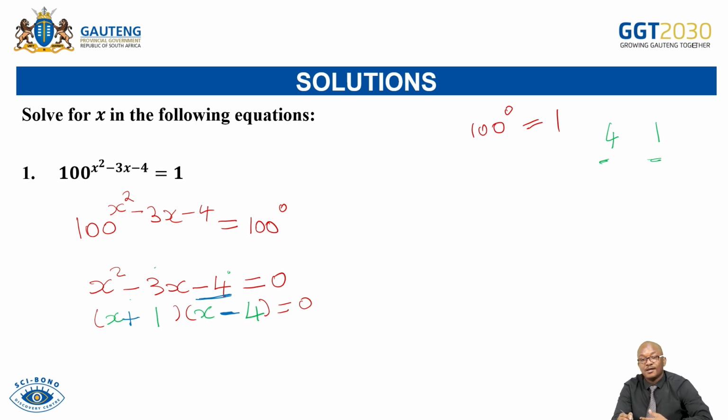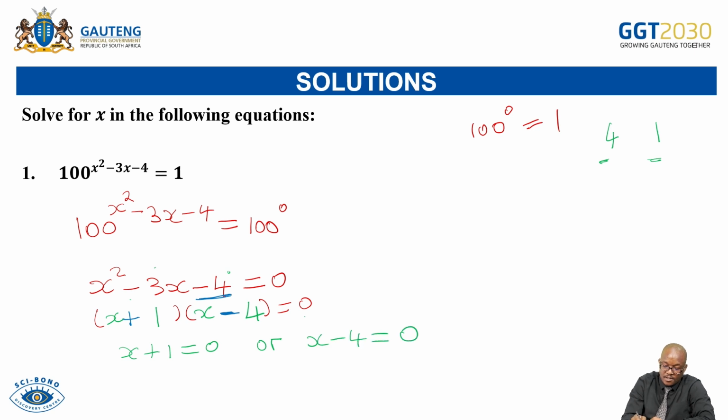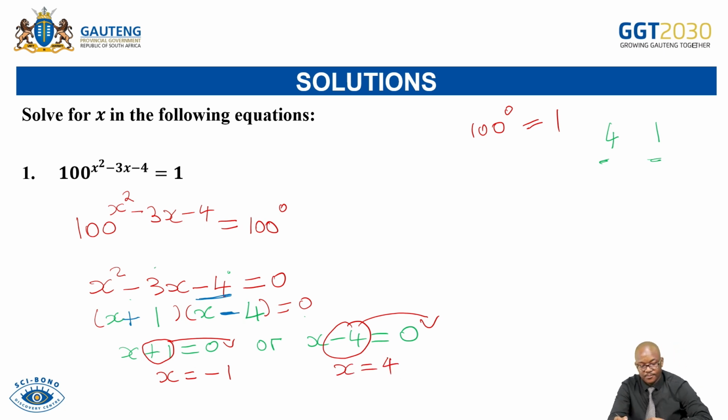It says, if you have the product of two brackets, you can simply equate each bracket to 0 because we have 0 on the right hand side. Then we simply solve for x. We make x the subject of the formula by transposing positive 1 and negative 4. So we're going to have x as negative 1 and x as 4.